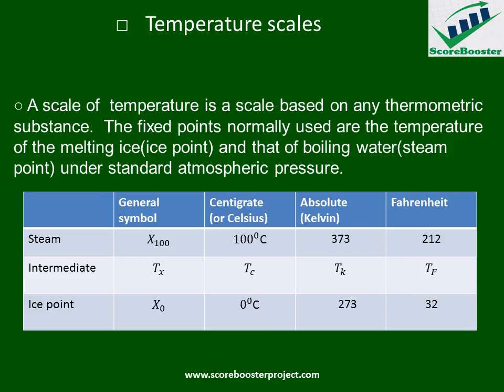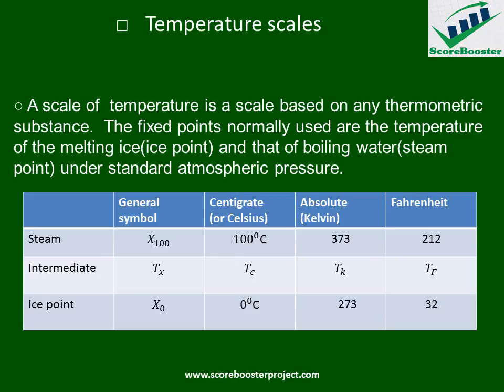Now, to start with the temperature scale, the summary of the various temperature scales we have is presented in the table shown below. But before we move to that, we have to realize, as discussed in our video 22 on temperature, that a scale of temperature is a scale based on any thermometric substance.